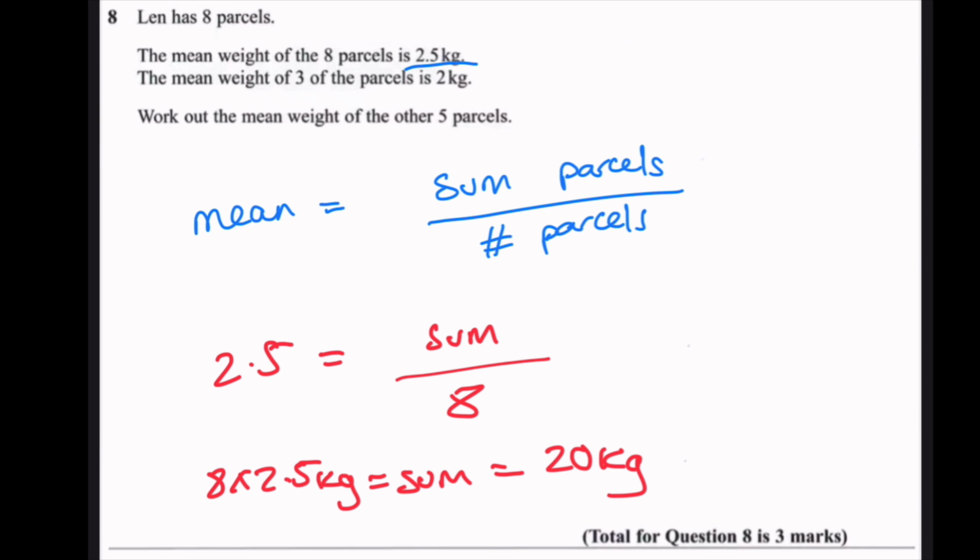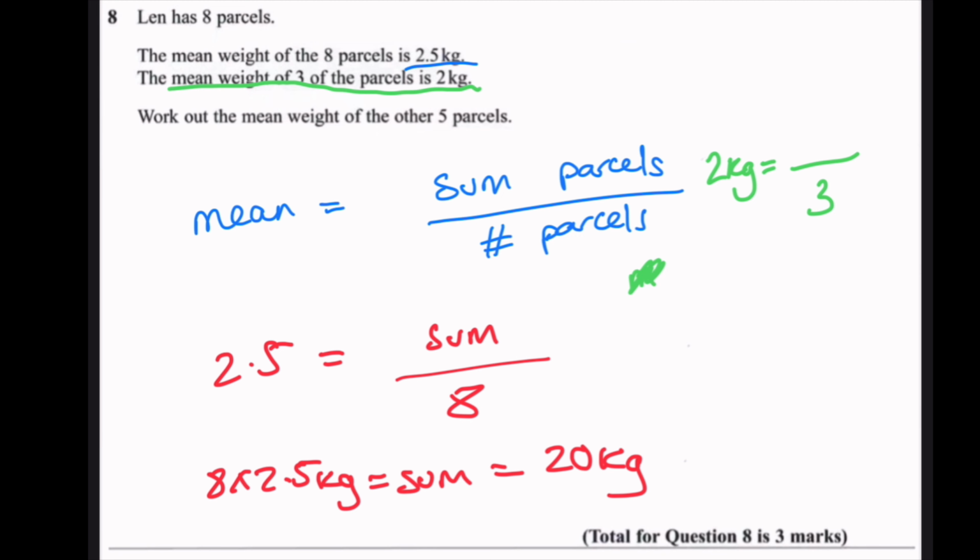The mean weight of 3 of the parcels is 2 kg. So I'm going to do this bit in green. Mean weight of 3 of the parcels is 2 kg. So for these 3, the mean is, I'm going to write this out as I did here, 2 kg equals something over 3.